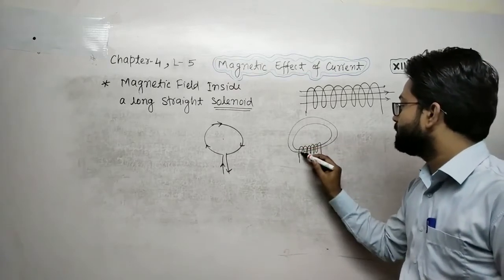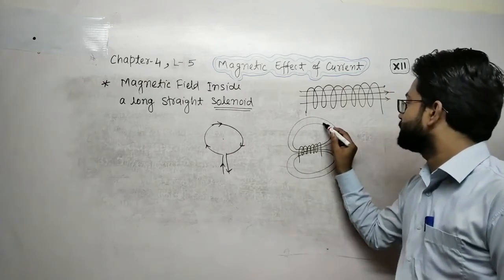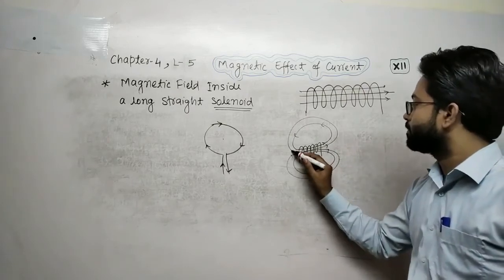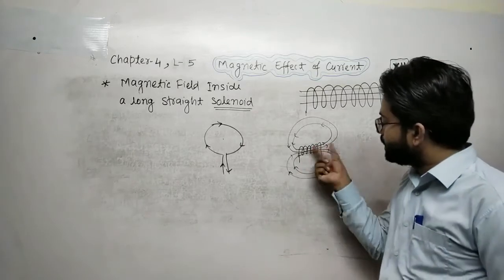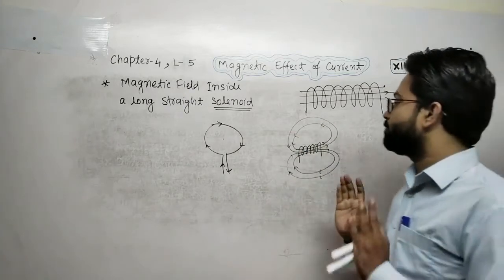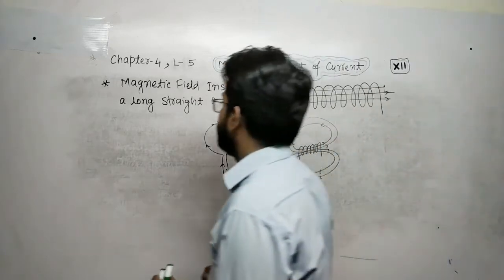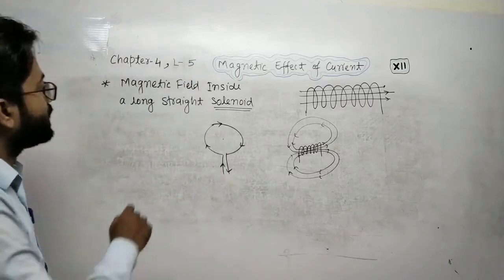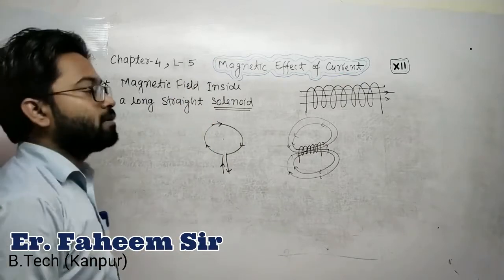The magnetic field inside the solenoid is strong and outside is very weak, or you can say that the magnetic field outside is negligible or absent. And in this video we have to calculate the magnetic field inside a long straight solenoid.